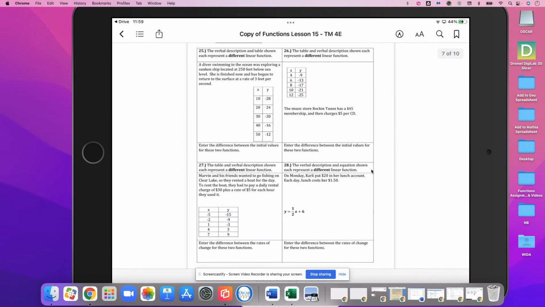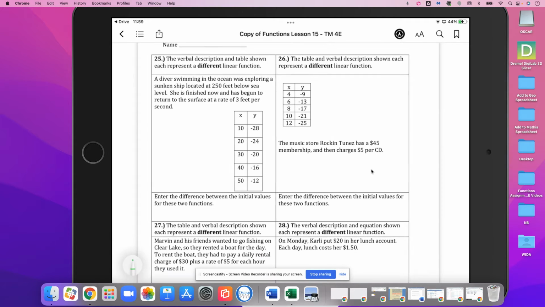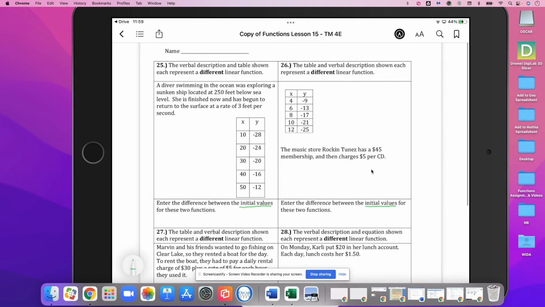Okay, so 25. We're looking for the initial value on both 25 and 26. So I just want to check that before I get started, make sure I'm doing the right thing. And so a diver swimming in the ocean was exploring a second ship located at 250 feet below sea level.